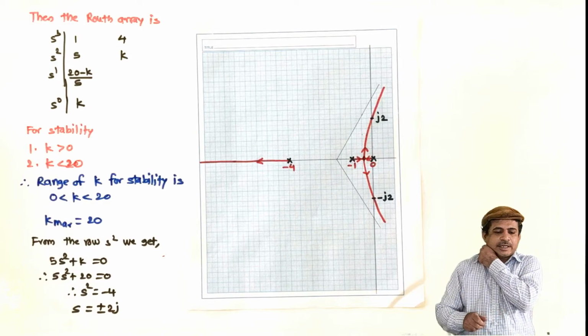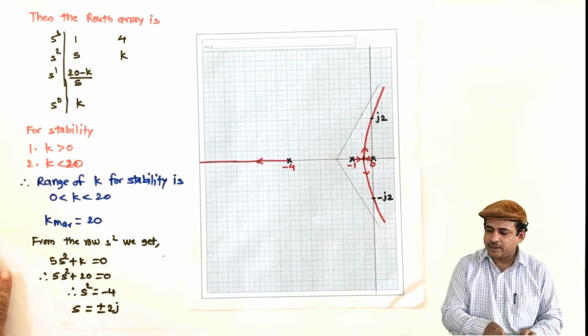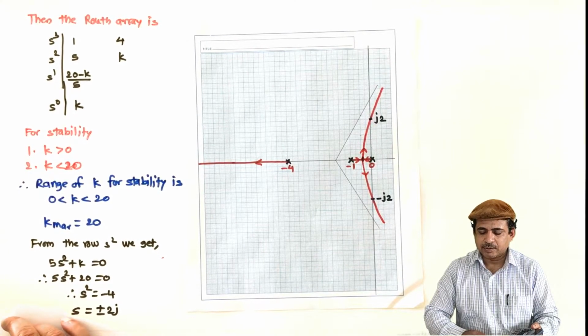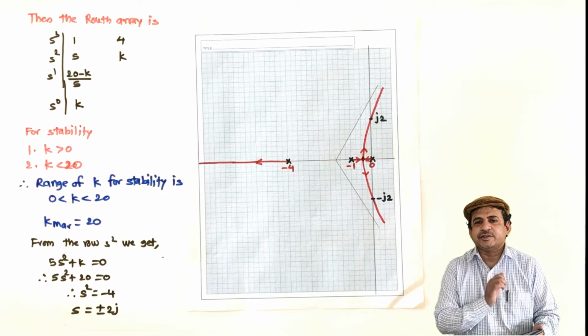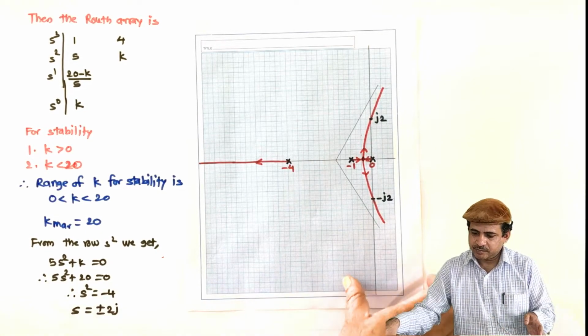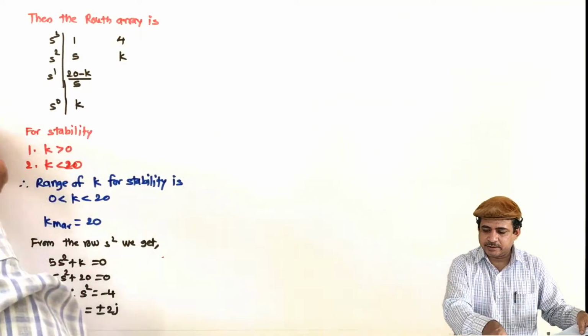But one part is yet left, that is, we have to find out the value of K when the damping factor zeta is 0.6. So let us do the treatment here.